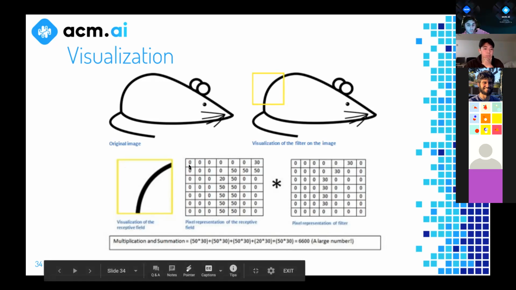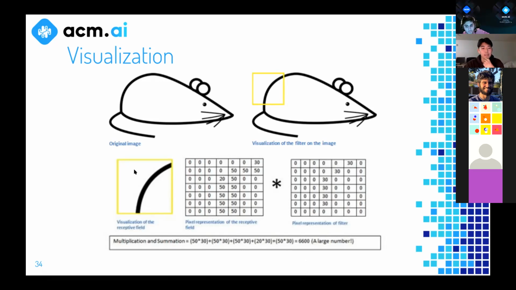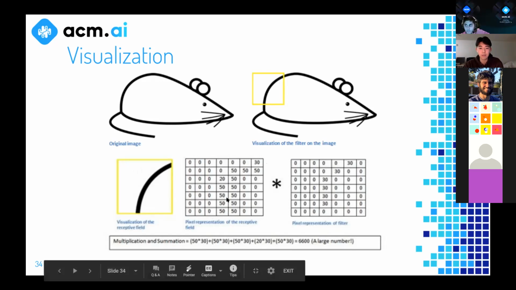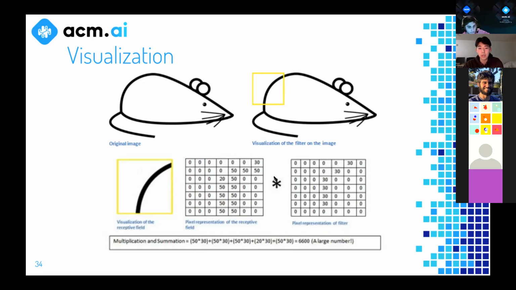The blank parts, the white, are 0, and the dark parts are numerical values. We have this kind of curve, and we element-wise multiply by our filter.